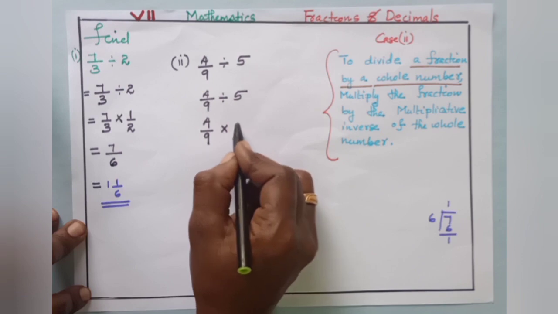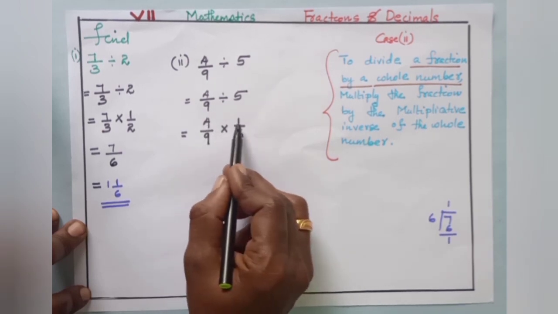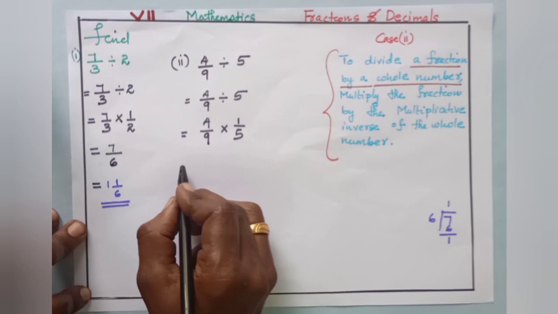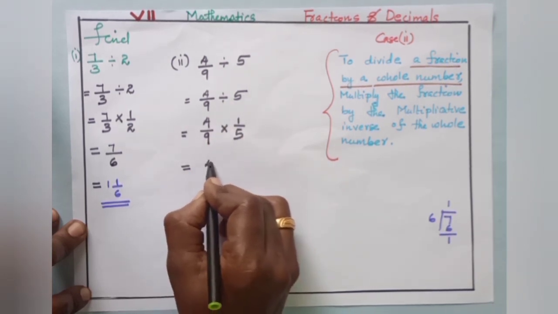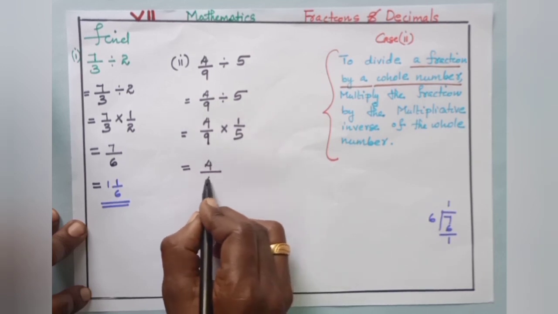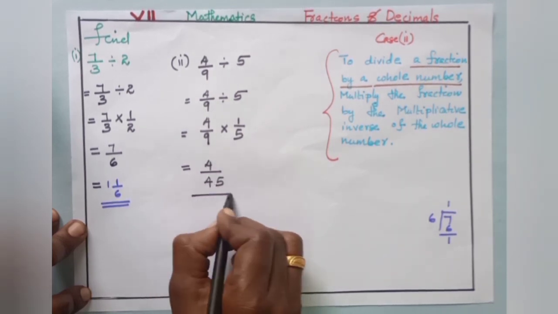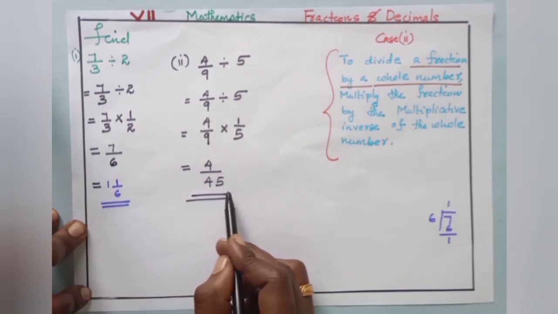Whole number 5, reciprocal of 5 is 1/5. Numerator 4, 1, denominator 9, 5: no common factors. So multiply the numerators, 4 into 1, 4, over 9 into 5 is 45. 4/45 is a proper fraction. So this is the final answer, 4/45.